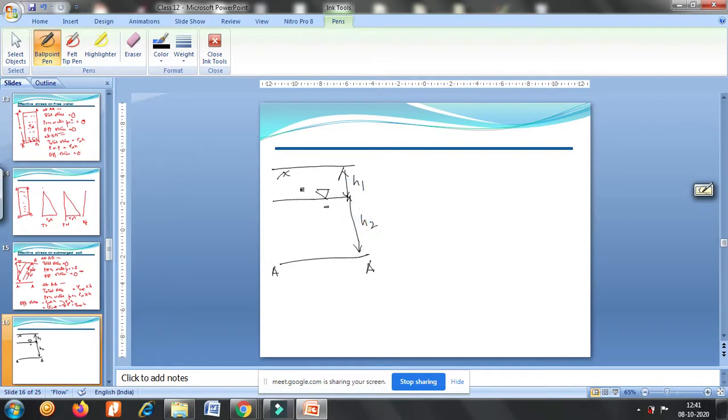This is gamma saturated, and the unit weight of the water is gamma W. Now say this is BB, and this is CC. Now you try to find the stress at AA, BB, and CC.